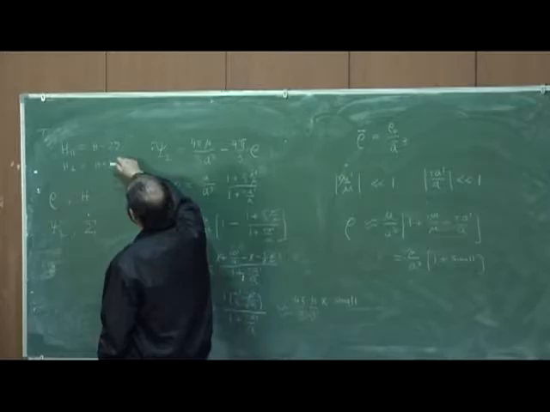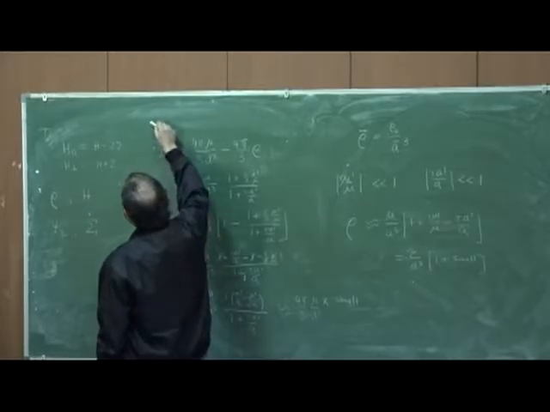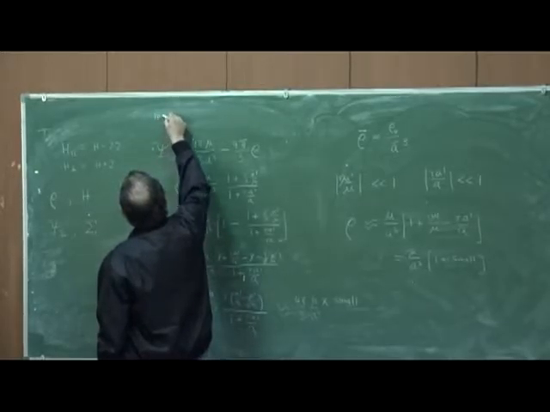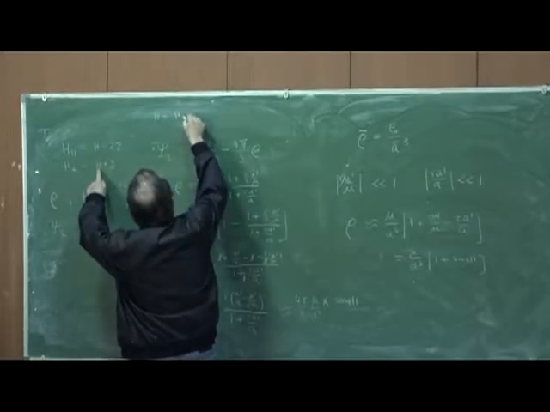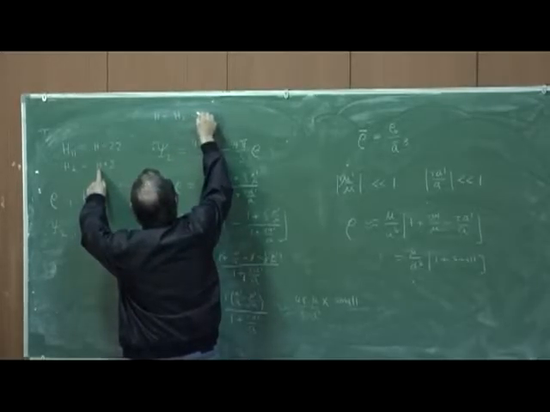From here, how do you get H? See, you have H equals H perpendicular minus sigma.